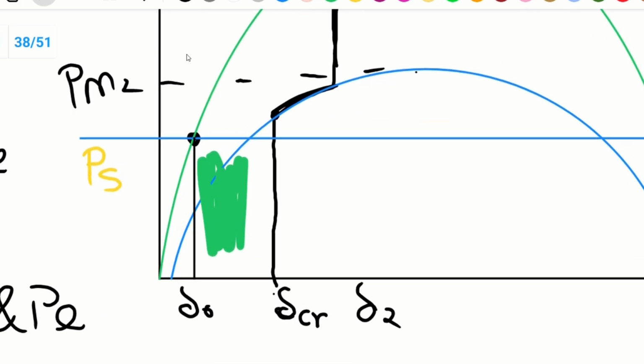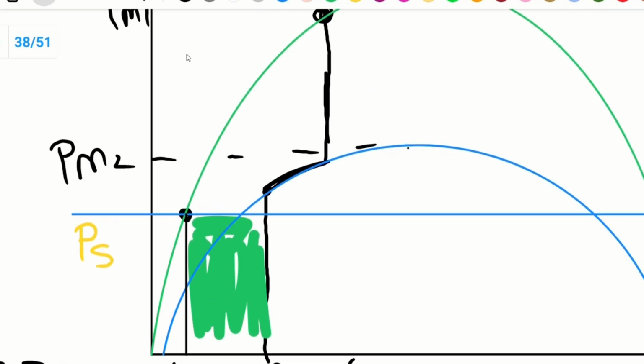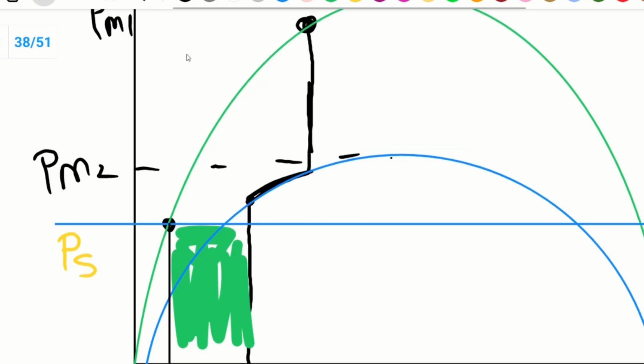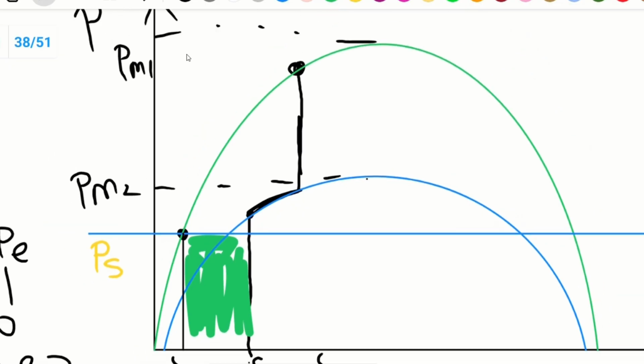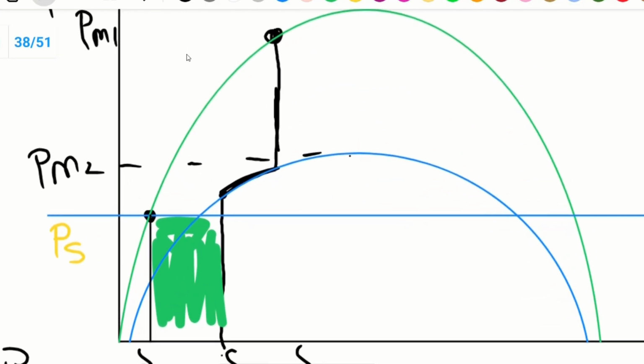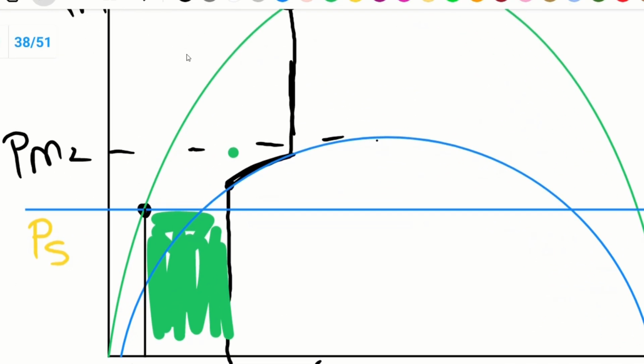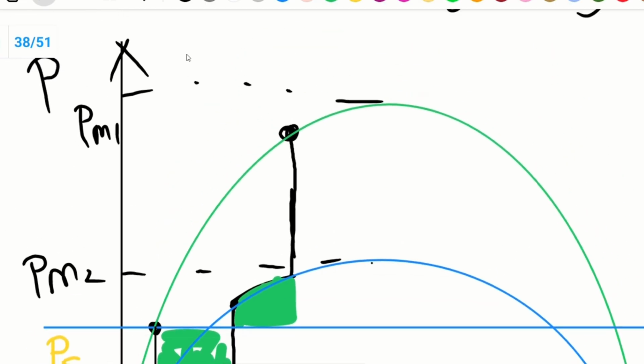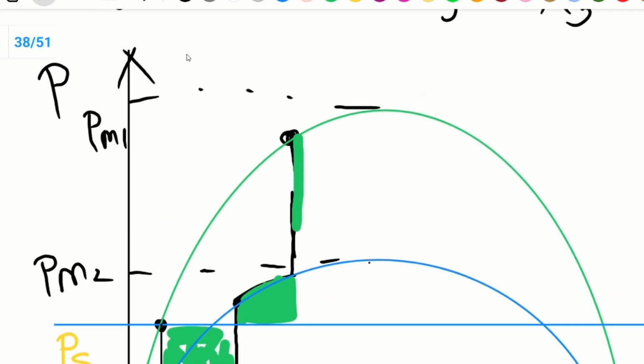Again, in the second condition, the curve P moves to here, so the area will be this area. Okay. And after the reclosing of the line, the area will be this.